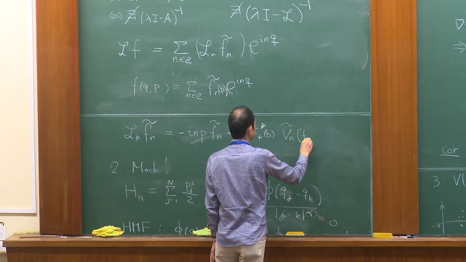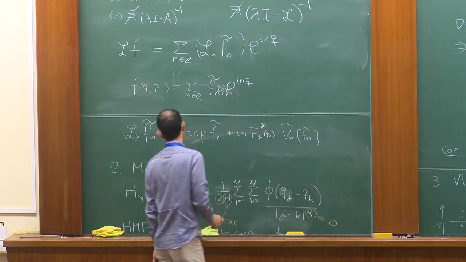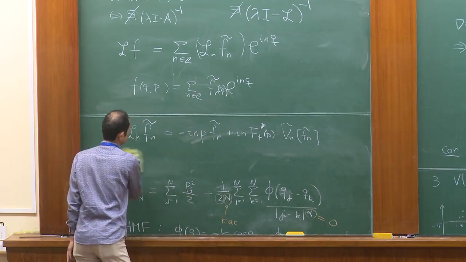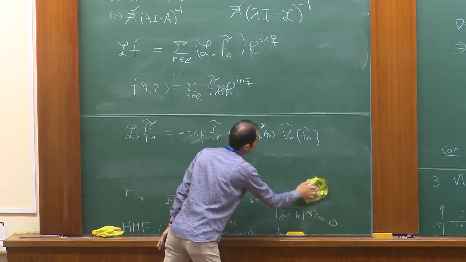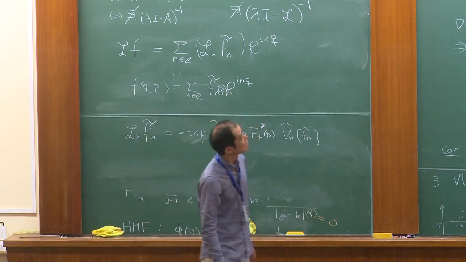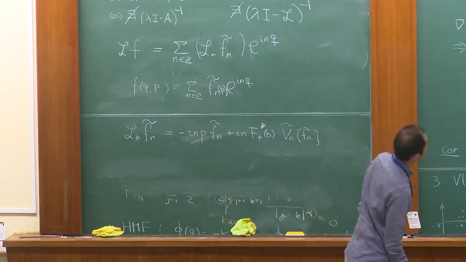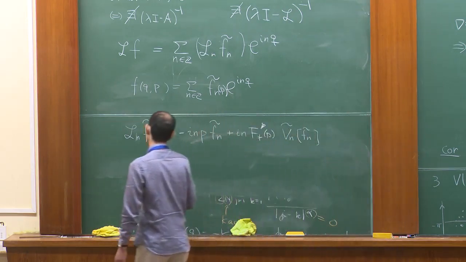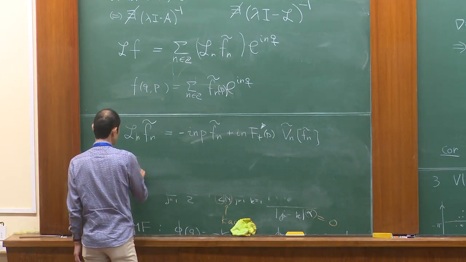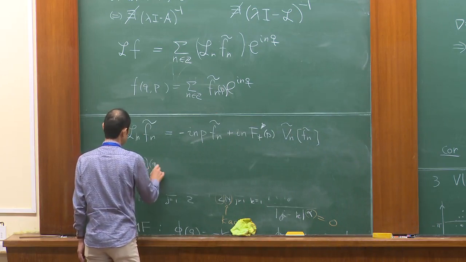It depends on Fn tilde. So this is a Fourier component of potential. Is there a definition of the potential function? So no. So we call the Qt.